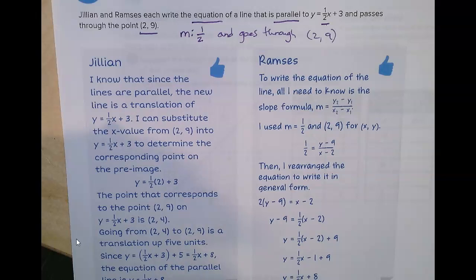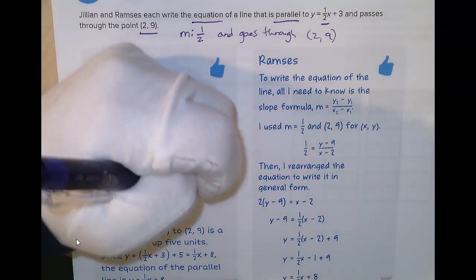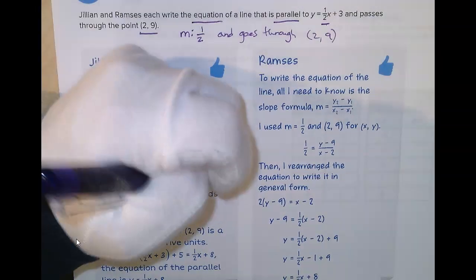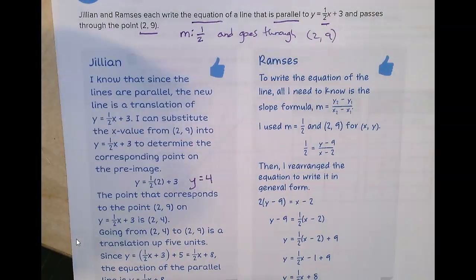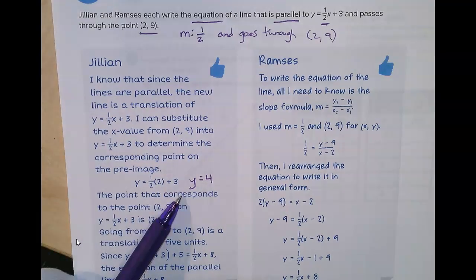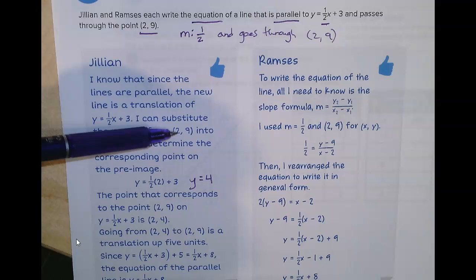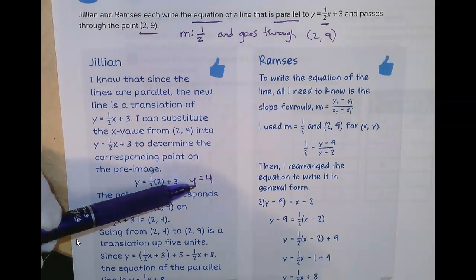So she calculated that if she simplifies this, that comes out to y equals 4. And that tells her that the point of the new line is going to be going through 2, 4, because the x value stays the same and she calculated the y value.